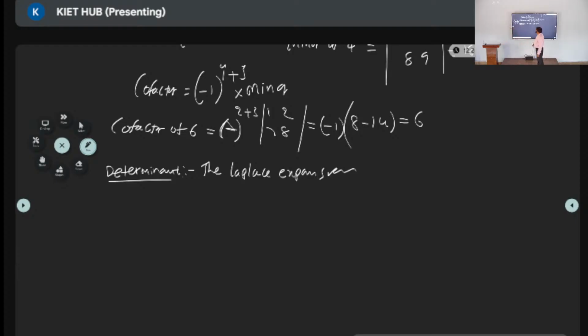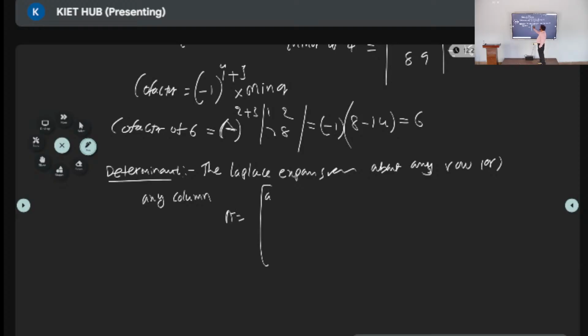The Laplace expansion about any row or any column.